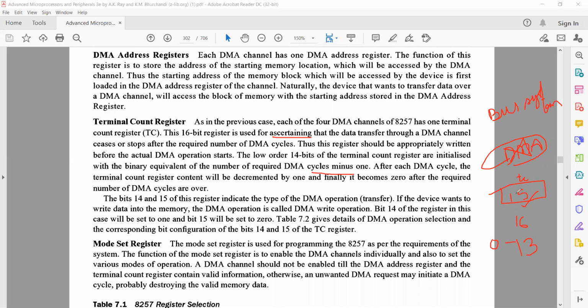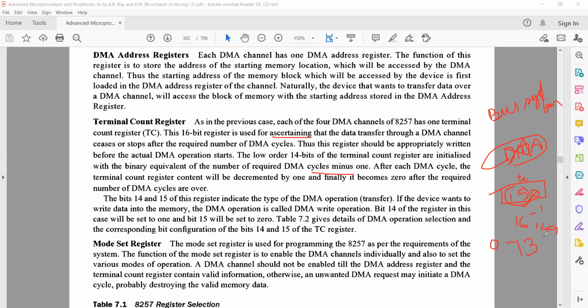Suppose you require 150 cycles of data. Then 150 minus 1 means how many? 149.